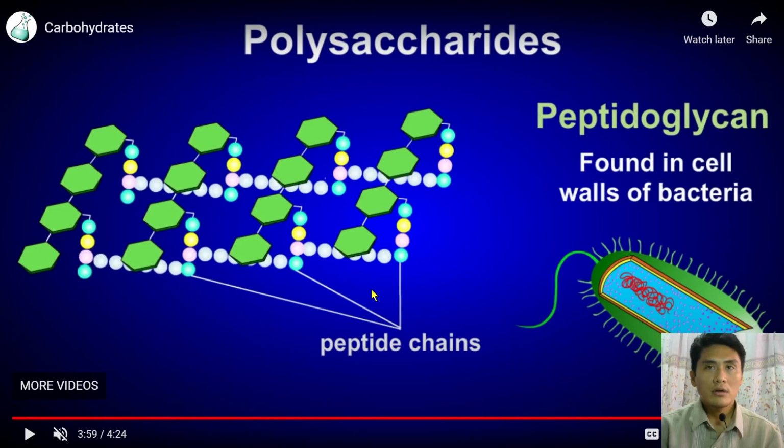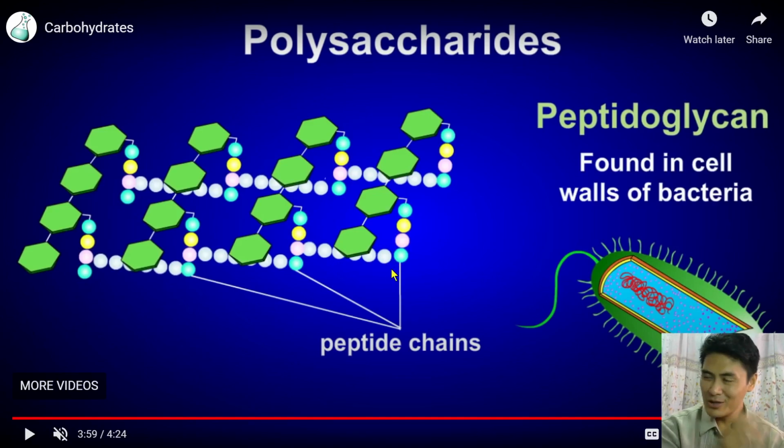For chitin, it's a chain of sugar molecules plus some amino groups, right? For peptidoglycan, it's not just amino groups, but peptide chains, meaning a chain of amino acids together. So these circles here represent chains of amino acids, or a peptide chain.